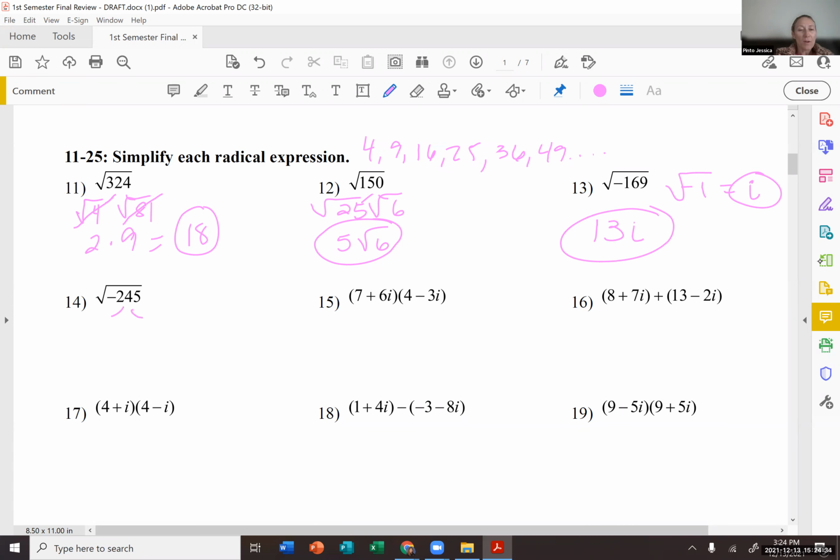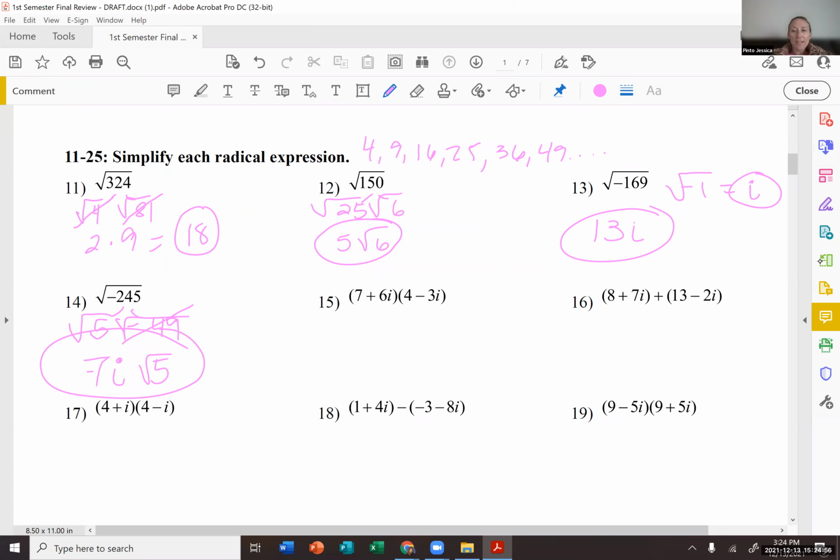Looking at number 14, when I divide that by 5, I got -49. So taking the square root of these, the square root of -49 is going to be 7i. And then I still have rad 5. Final answer.